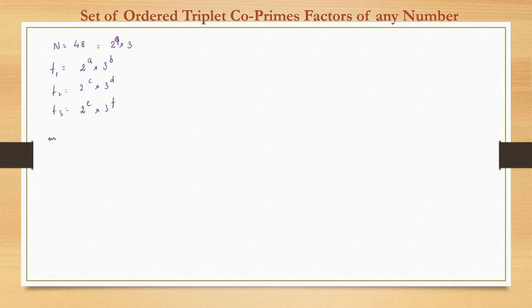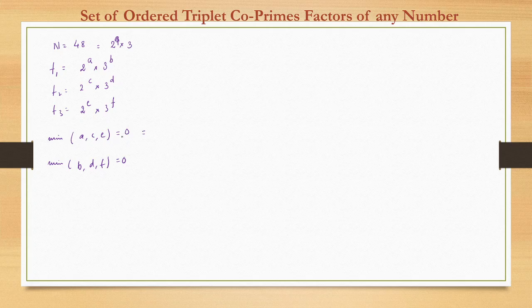So from the previous question which we saw, the minimum of A comma C comma E has to be 0, such that the HCF becomes 1. And the minimum of B, D, F has to be 0.